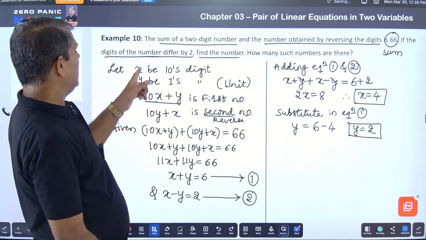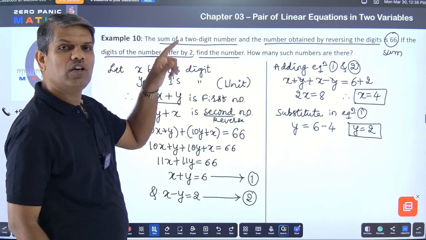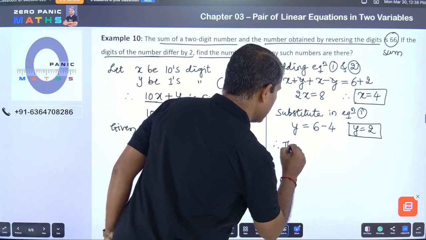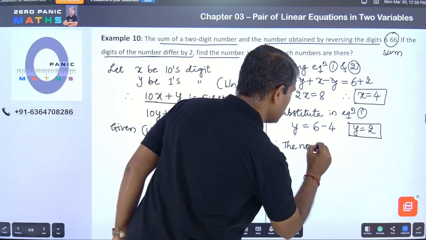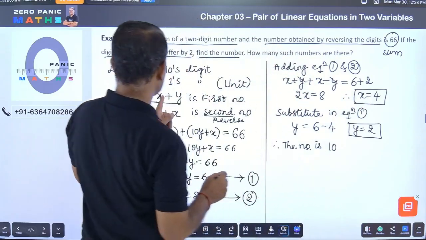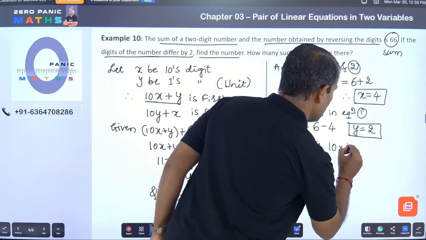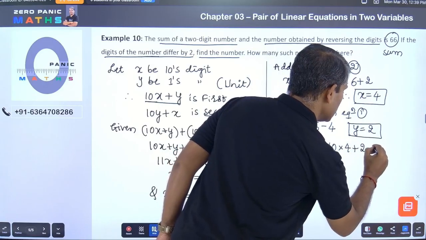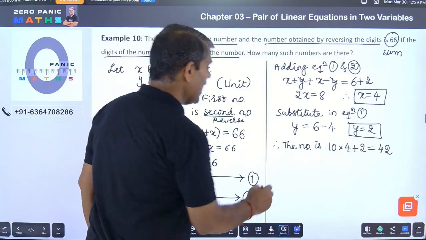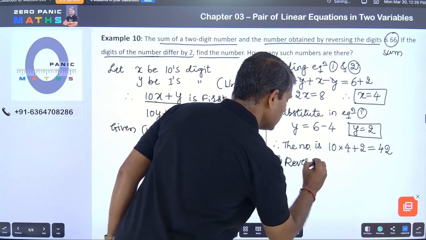Now we can take the first number and the reverse number, and find out both those numbers. What is the first number? 10x plus y. So 10 into 4 plus 2, that is 42. And what is the reverse number?